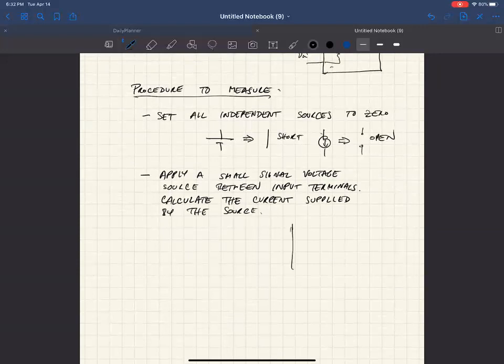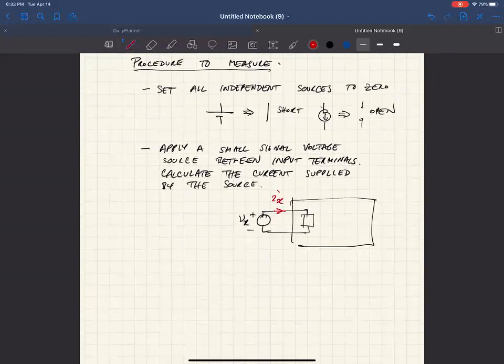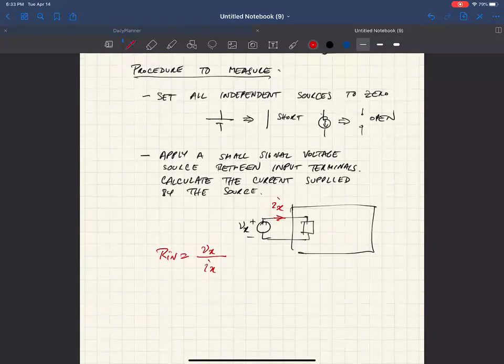So if you have any kind of black box and you want to figure out the input impedance, you set all the independent sources to 0 in your analysis. Then you put in a voltage source and measure the current being supplied by the source. The input resistance or impedance ends up being your applied voltage divided by whatever current it has to pump into the input. So that's a general procedure.